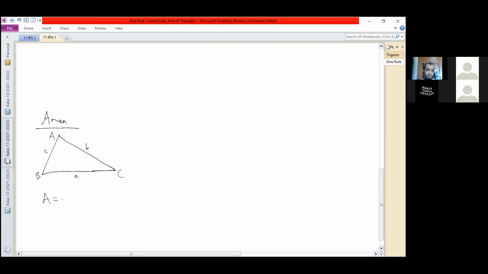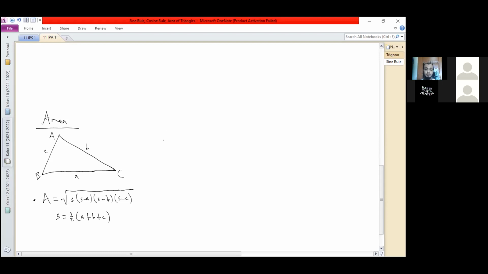Area is equal to square root of S times S minus A times S minus B times S minus C. Where A, B, and C are the sides of the triangle, and S is half of the perimeter, so half of A plus B plus C. This is one way to find the area of a triangle.